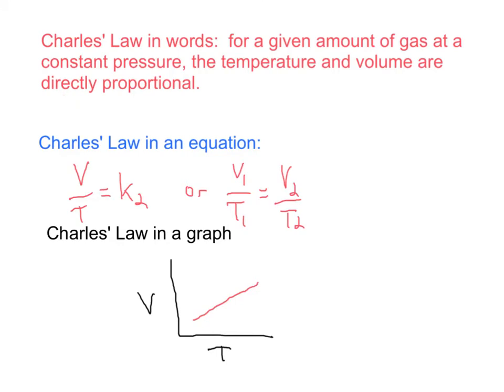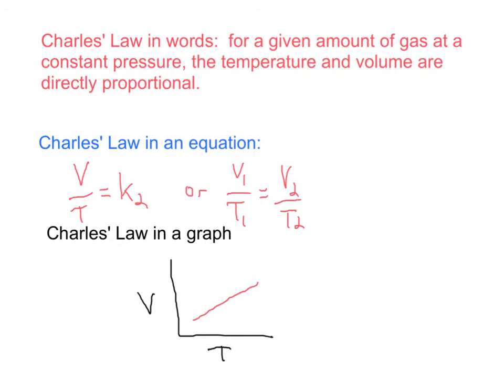So Charles's law in an equation is volume divided by temperature equals some constant. That constant's value is determined by the amount of gas and the pressure of this particular system. These are always dealing with the same system, so it would be the same balloon or the same container. You can't go from one balloon to another balloon and expect to get the same K value.